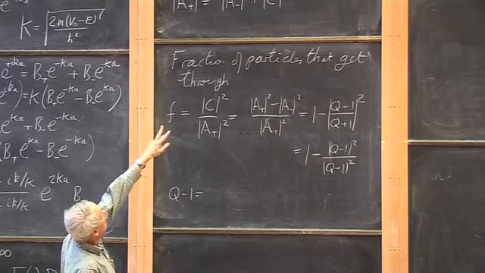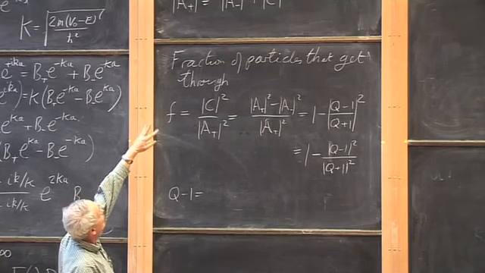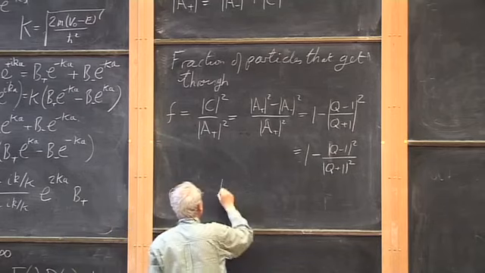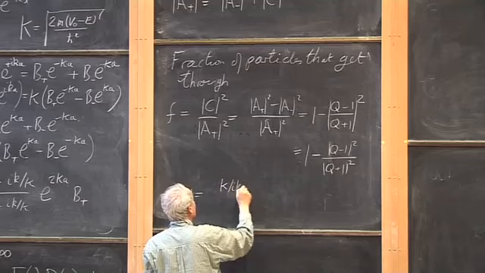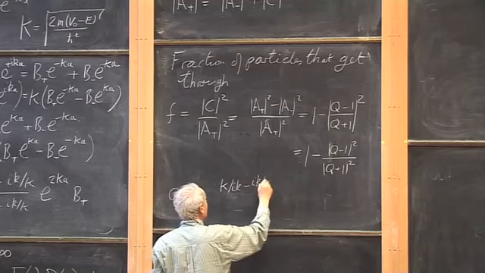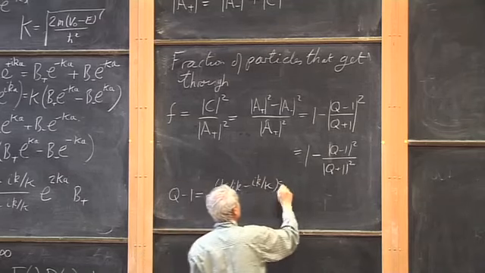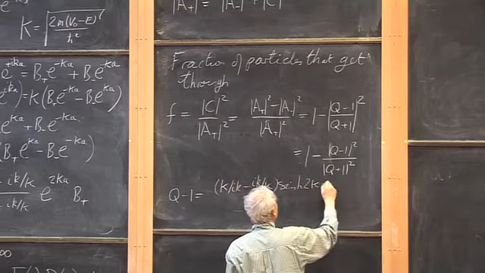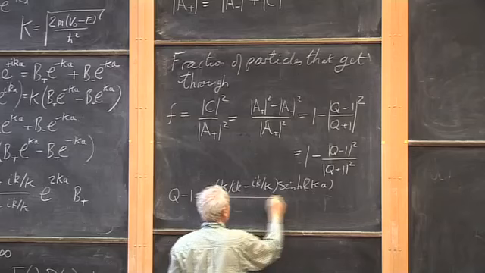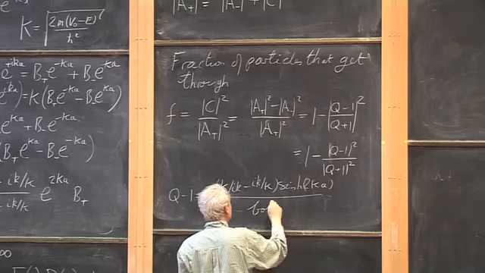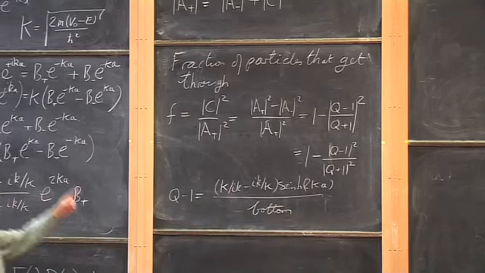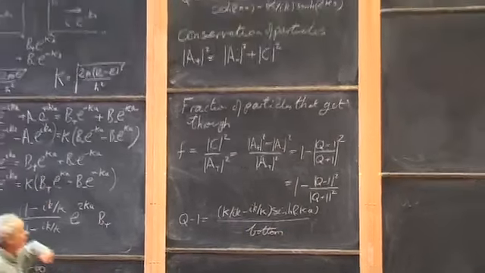So when we take away the bottom from the top, the cosh terms go away, and we are left with, I think, (k/ik minus ik/k) times sinh 2ka. And that will be over, I'll just call it the bottom, because we're not really going to take much interest in what this bottom is. It is the bottom that you see up there, cosh 2ka minus k over ik, etc.